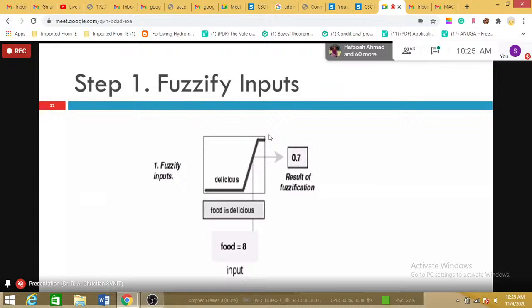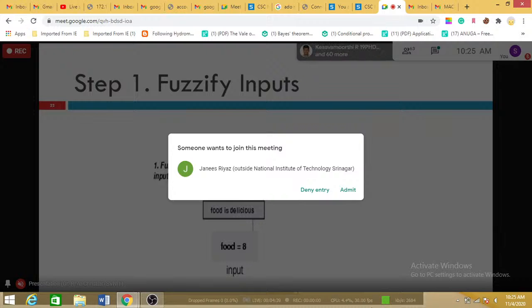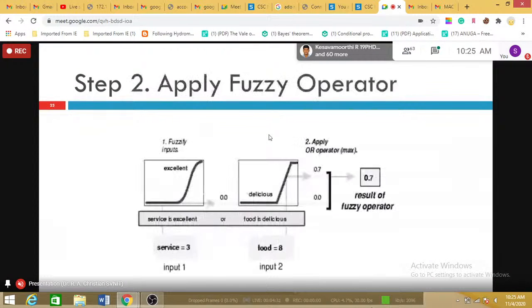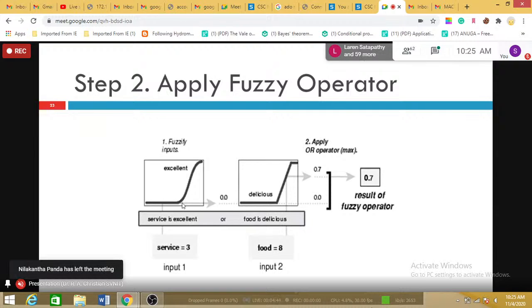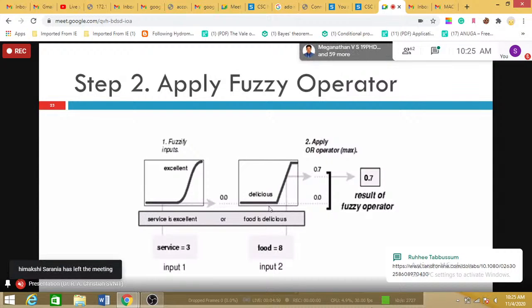Okay, this is what we are doing in day-to-day life. But actually applying the tipping of a waiter, you do something like this. Then you can say that about service also I will say that service level was 3. So service level 3, for me, goes to 0 on this set. I don't give much tip to that.